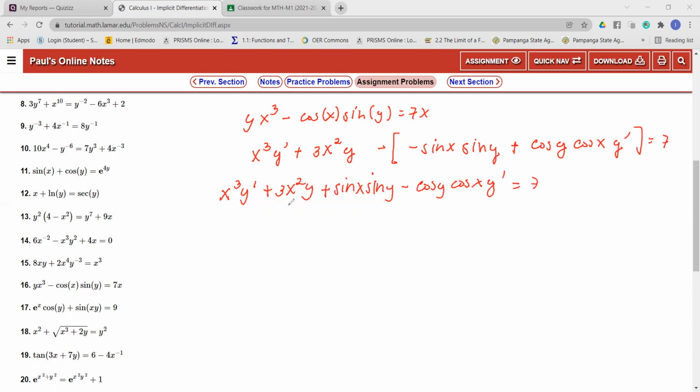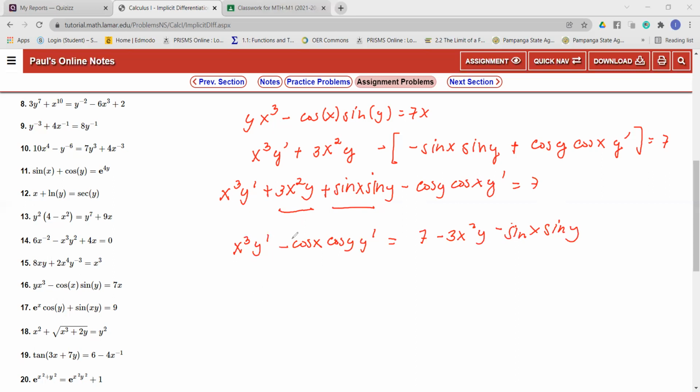So, lilipat ngayon itong 3x squared y plus sine x sine y sa kabila. So, matitira dito ay x cubed y prime minus cosine x cosine y, y prime. Then sa kabila naman, I will have 7 minus 3x squared y minus sine x sine y.